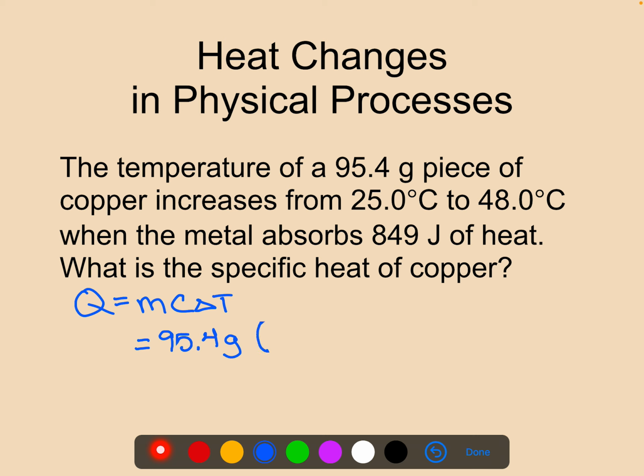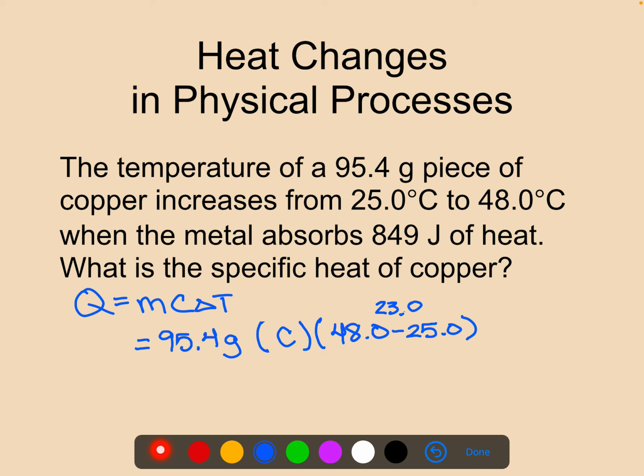We are looking for the specific heat, which is C. And then it told us copper's temperature increased from 25 degrees Celsius to 48 degrees Celsius. So we're going to do 48 minus 25. Now you could have also substituted that as 23. So you could have plugged that in as well.